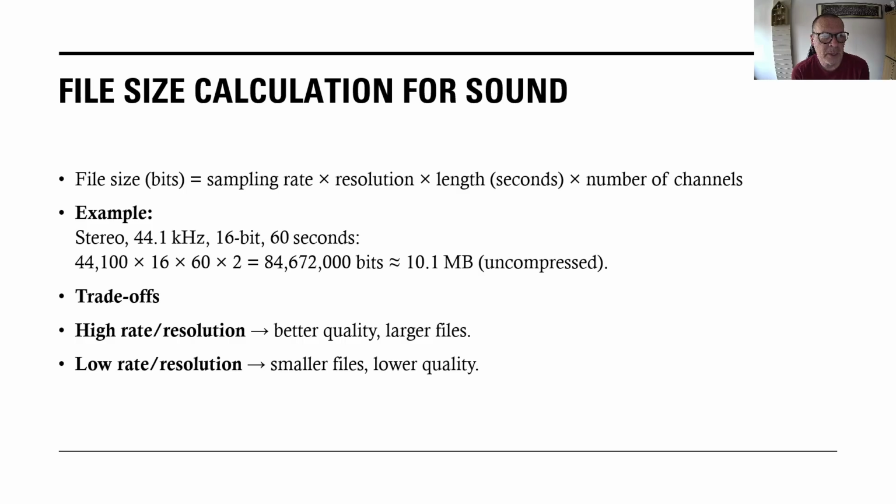We multiply that by the 16-bit sample resolution. We multiply that by the length, the duration of the music, which is 60 seconds. Again, keeping it in the right units, seconds and seconds. And then we multiply it by the number of channels, which in this case is 2. Multiply them all together, and you'll get the size of the file in bits, remember. So then you need to divide that by 8 to get it into bytes, and then you need to put it in whatever units you're asked to, for example, megabytes.